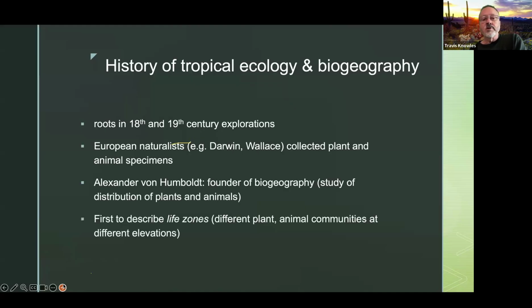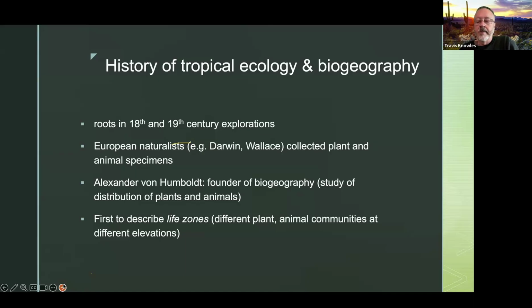Humboldt was also the first person to describe what we now call life zones, and this has to do with the distribution of plants and animals in mountainous regions. So at different elevations above sea level, and we're going to experience this directly, both in North Carolina and in Ecuador, as you go up in elevation, higher and higher in mountains, you come across different bands of plant and animal communities.